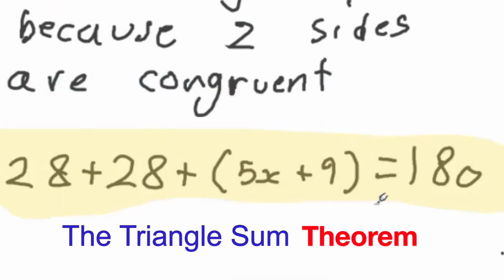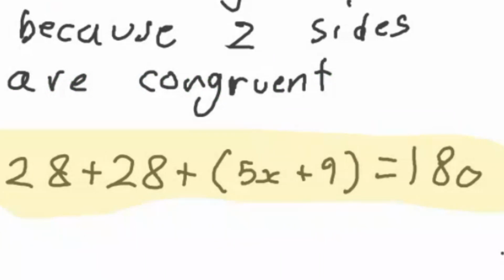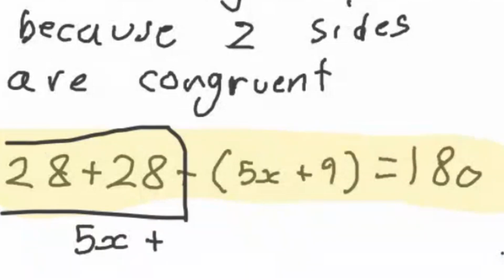As soon as you set the equation, you are done. Now you forget about triangles, you forget about geometry, you just go back to algebra and you start solving. You have 28 and 28 and 9. So what do you get? 28 plus 28 plus 9 equals what? 28 plus 28 is 56. Plus 9, 65.